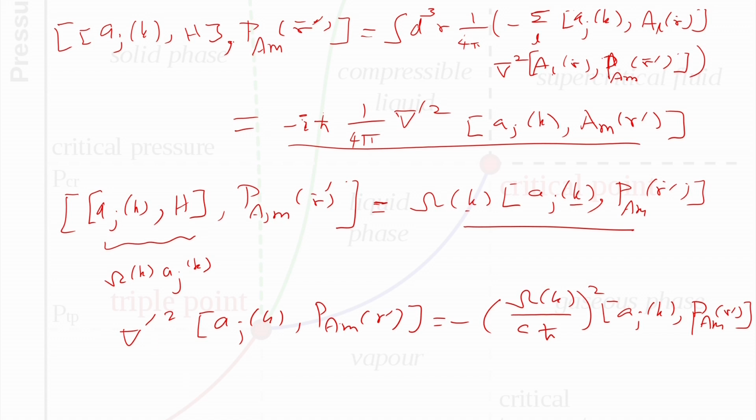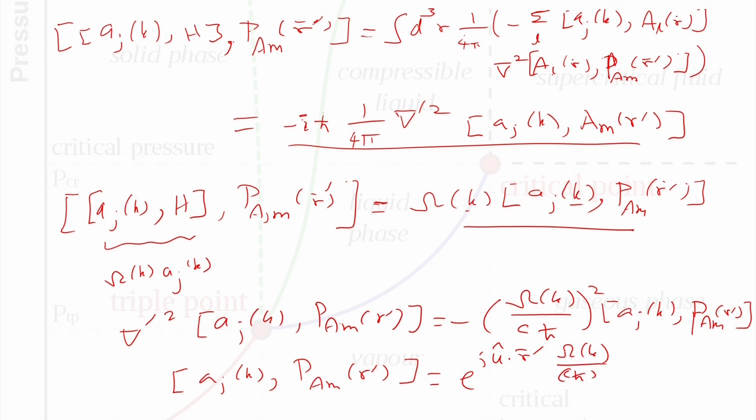So, I am going to be able to solve this using plane waves. Some unit vector dot r dash times omega k over c h bar times this quantity at 0.